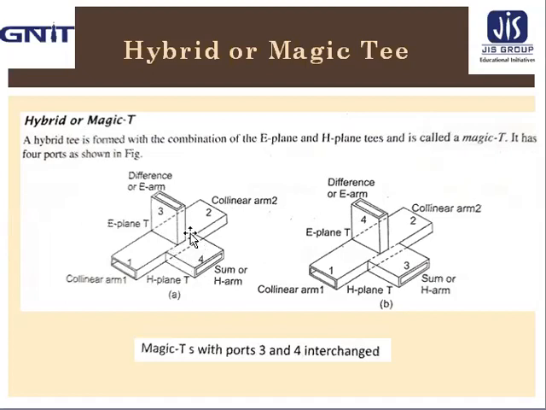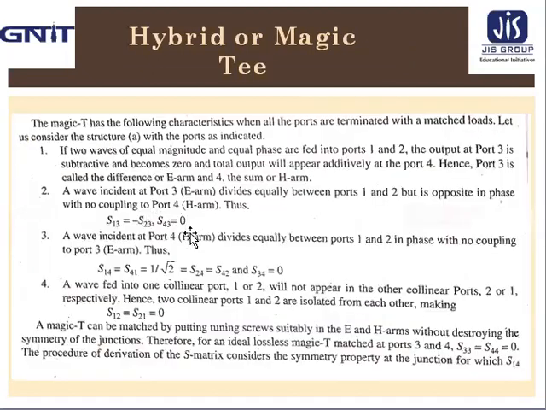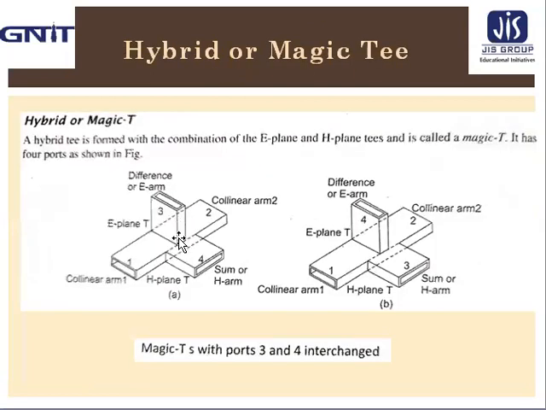H arm. Thus we can write that S13 equal to minus S23 and S43 equal to 0. And next, if a wave is incident at port 4, that divides equally between port 1 and port 2 in phase, with no coupling at port 3, that is the E arm.